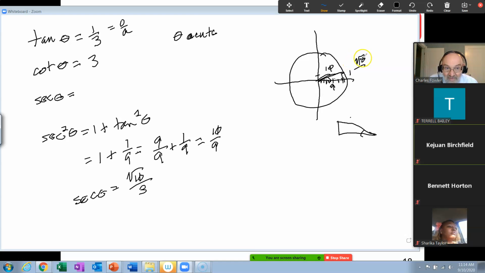That one's not as neat to do on a circle as the others are, but it does work. And that's what they're showing in the book, only they use root 10 as your radical, as your hypotenuse.